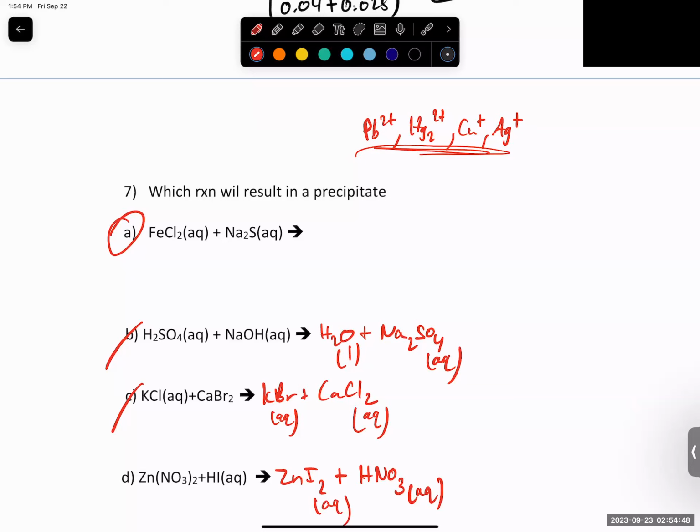But let's figure out what the precipitate actually is. So what are our products for A? Yeah, the FeS and what else? Yep, just regular old table salt. Now, which one of these is insoluble? FeS. Why?